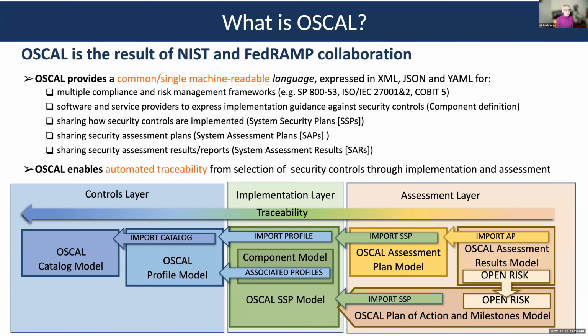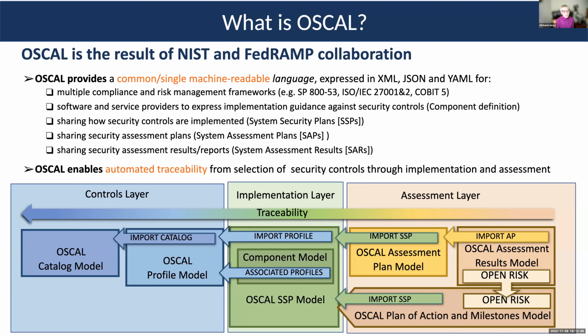So we structure OSCAL in 3 layers. We have a control layer, an implementation layer, and an assessment layer. In the control layer, we have 2 models. We have an OSCAL catalog model that can be used to represent controls, and we have an OSCAL profile model that can be used to represent baselines or selection of controls and support tailoring.